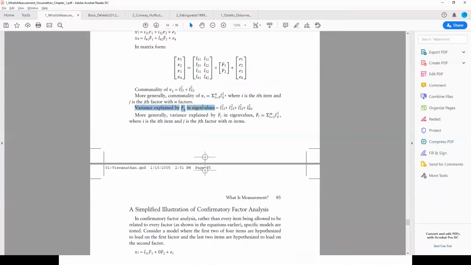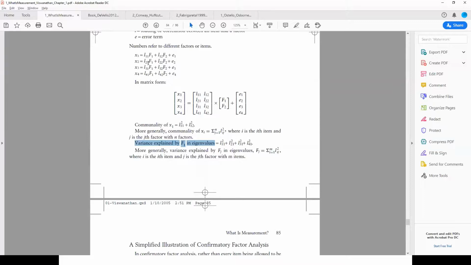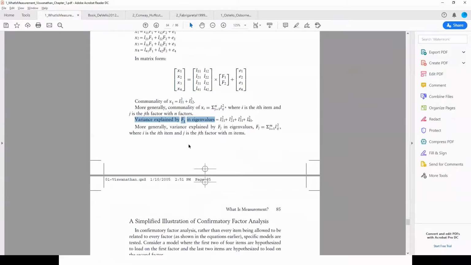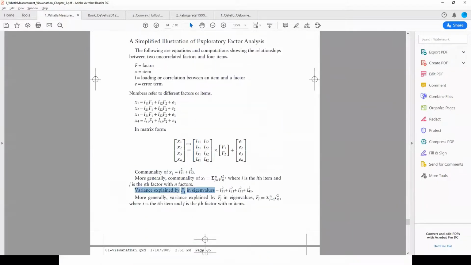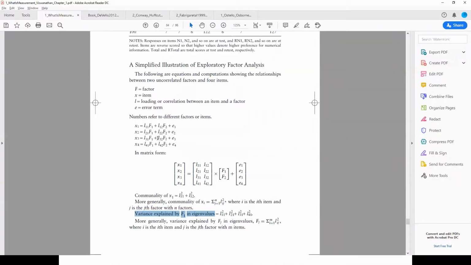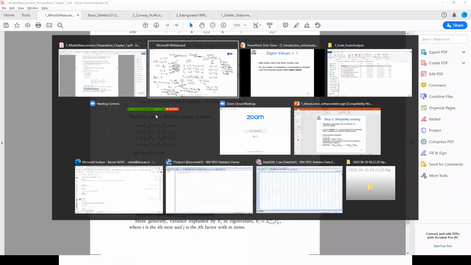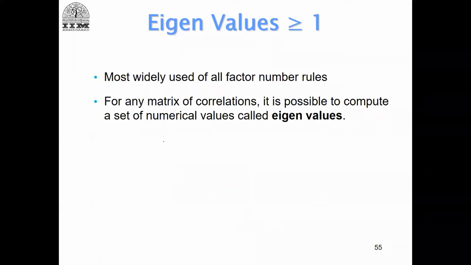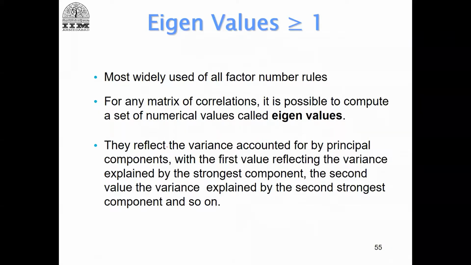The variance explained by F1 in eigenvalues is lambda 11 square plus lambda 21 square plus lambda 31 square plus lambda 41 square. So it is the variance explained by F1, right? If you want to quote where we are getting these formulas from, this is the chapter and page number you can look at.